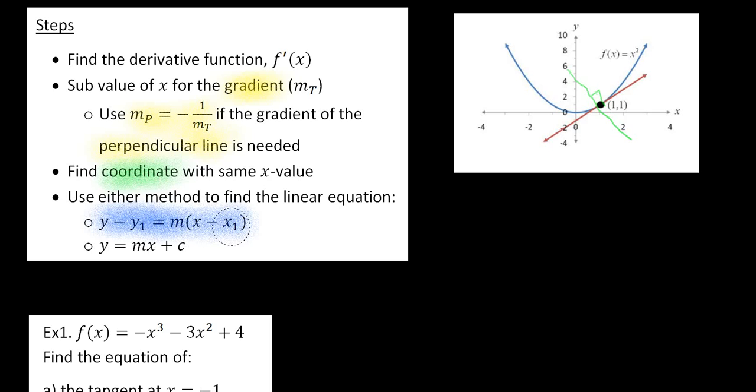This method assumes that you have a point, x1 comma y1, which you get from the previous step. Or use y equals mx plus c and sub in your coordinate x1 and y1 to solve for c. All of that should be quite elementary at this point, but we'll use both methods in this video just to demonstrate how we can do this.